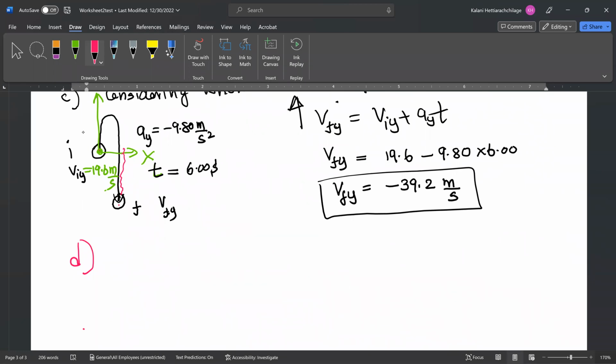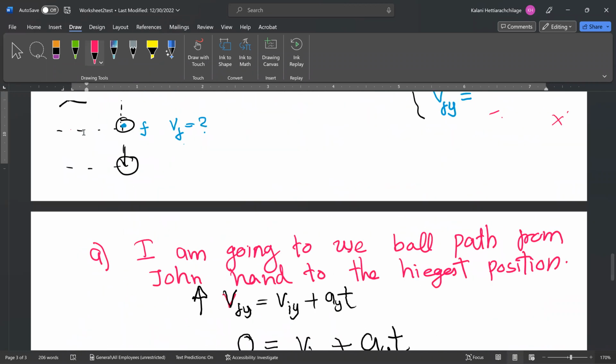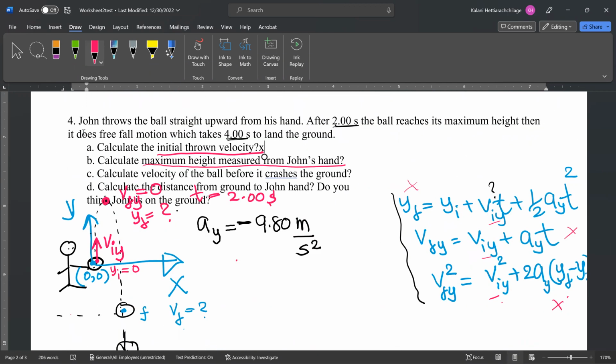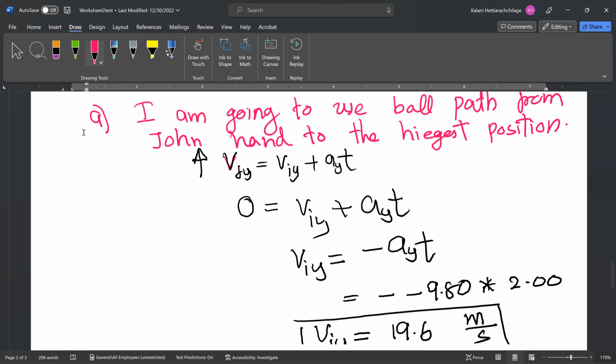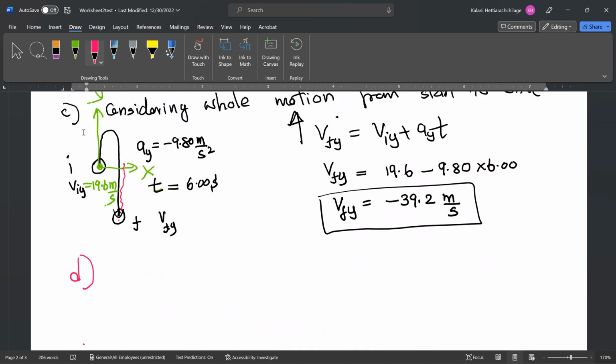In your formula set, I have a time, and I have to find y final. The second formula is not going to work because there is no displacement. You can use the third formula or the first formula. Whichever is good for you, right? Since we did not use the first formula at all yet, I'm going to use the first formula for this problem, but you can use the third one if you want.